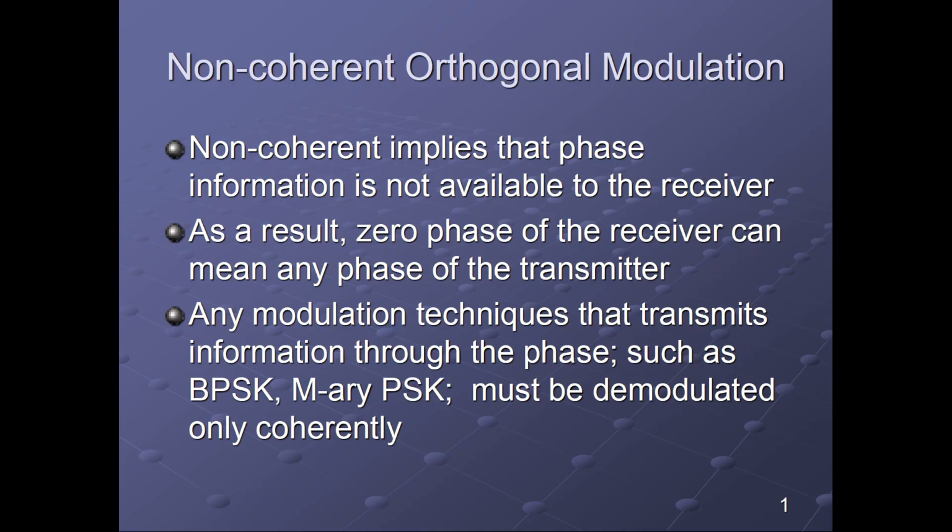To do that, you would need to build complicated circuits, for example a phase locked loop circuit that can extract the phase and adjust it and make sure that both are matching. So when you have zero phase at the receiver, this can mean nothing about the phase at the transmitter.